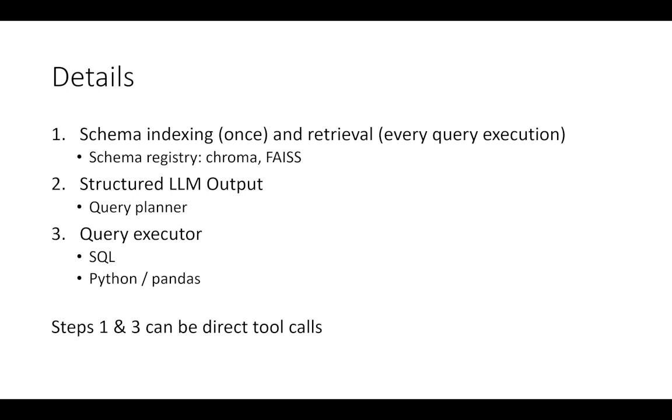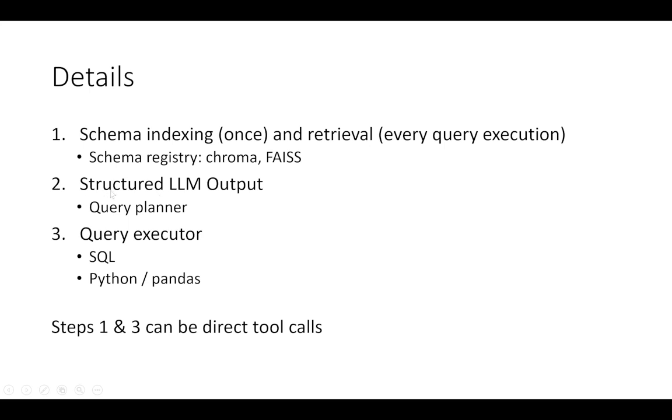Now retrieving the schema, that you do on every query execution, but we'll retrieve only a very small subset of the schema for execution. For this, you need a schema registry. You can use various different tools that are there for RAG, like Chroma, which is very popular, or FAISS.